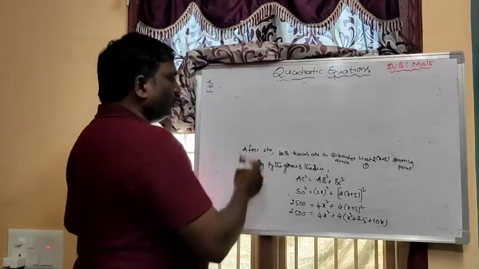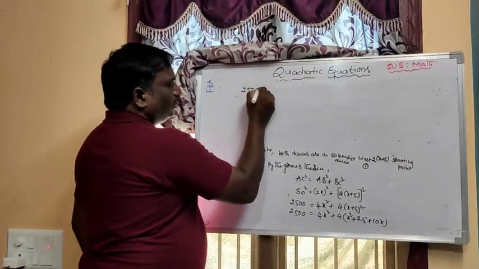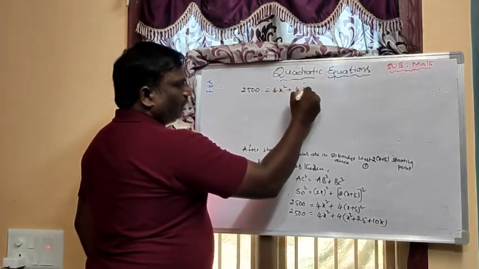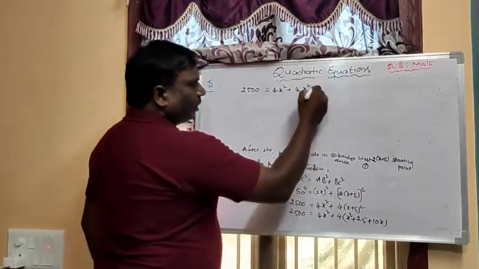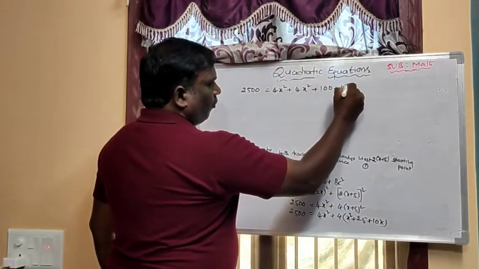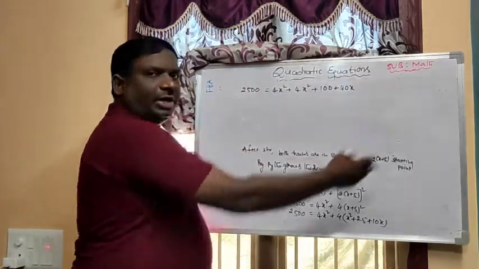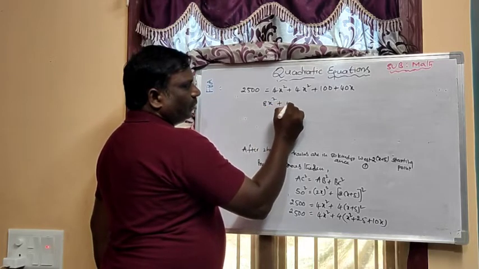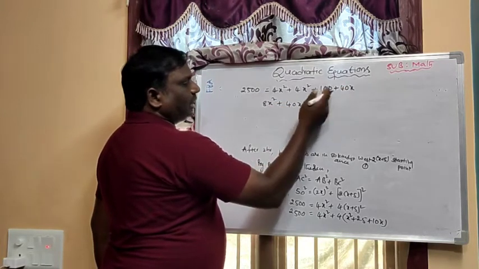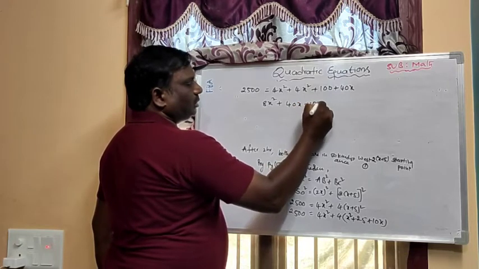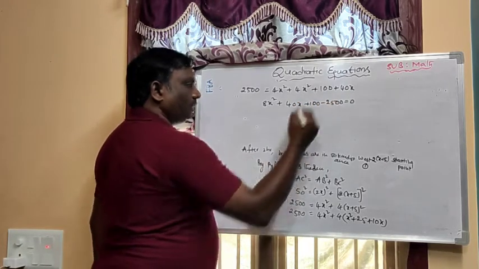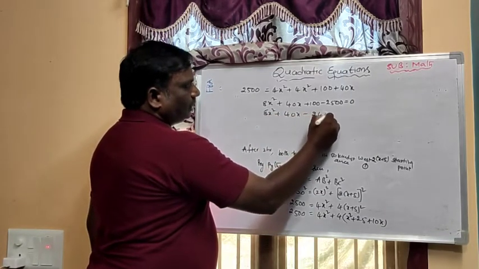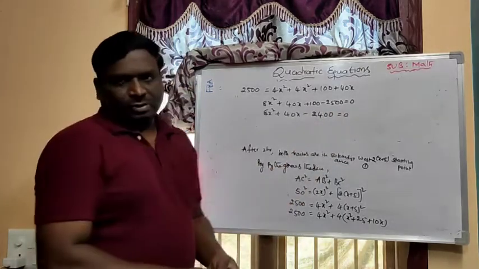So 2500 equals 4x square plus, multiplying each and every term, 4x square plus 100 plus 40x. Take the 2500 to this side. So 4x square plus 4x square is 8x square plus 40x plus 100 minus 2500 equals 0. So 8x square plus 40x minus 2400 equals 0.